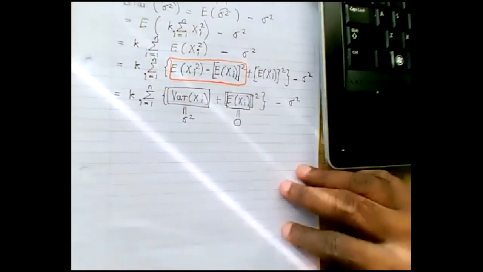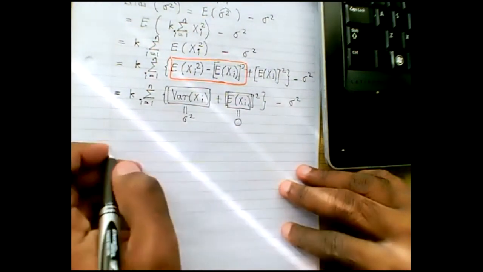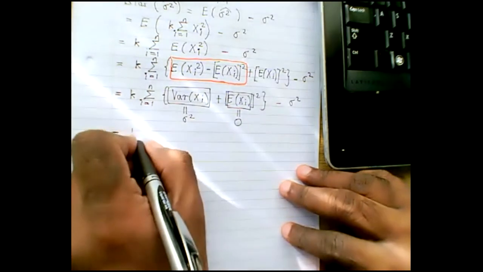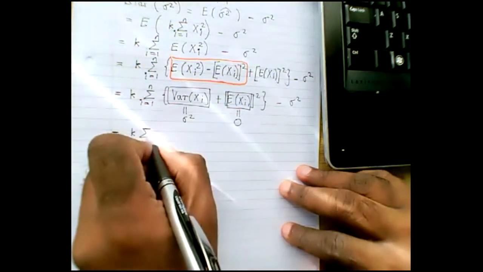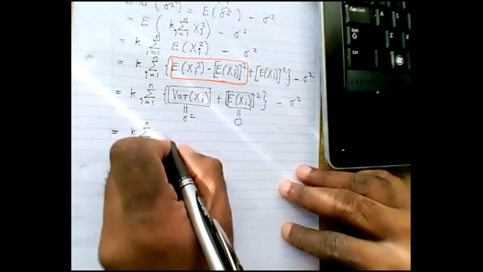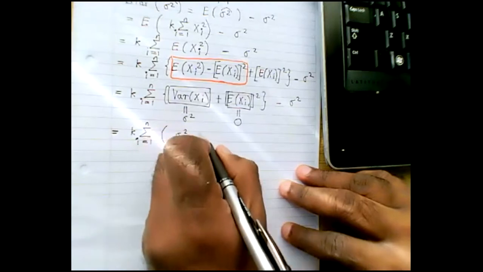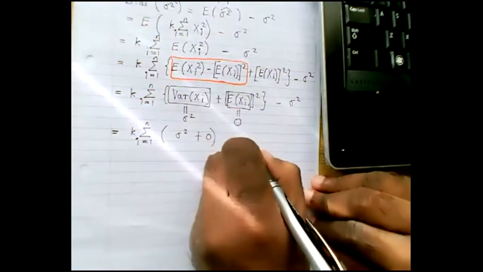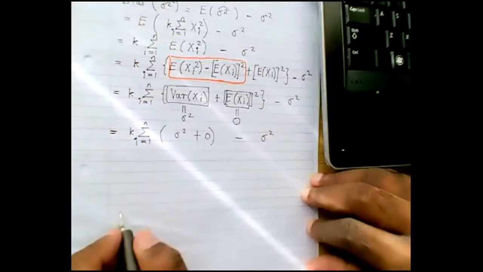So what you have is k times sigma squared plus 0 minus sigma squared.